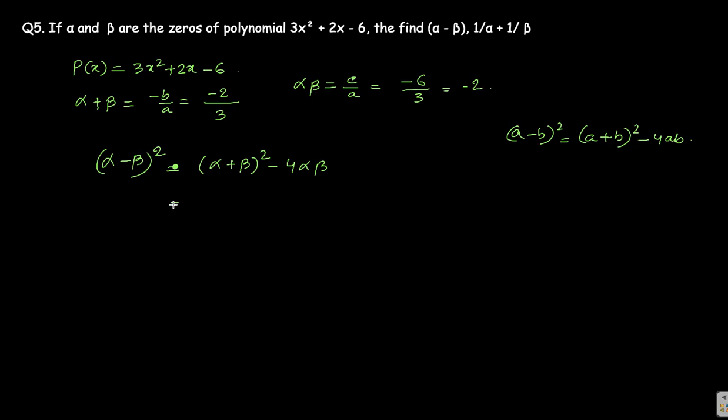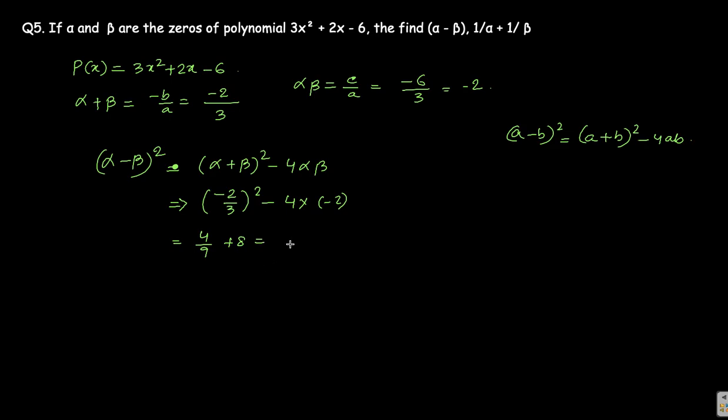Okay, so alpha plus beta is minus 2 by 3 square minus 4 into minus 2. That is 4 by 9 plus 8, that is 76 by 9.